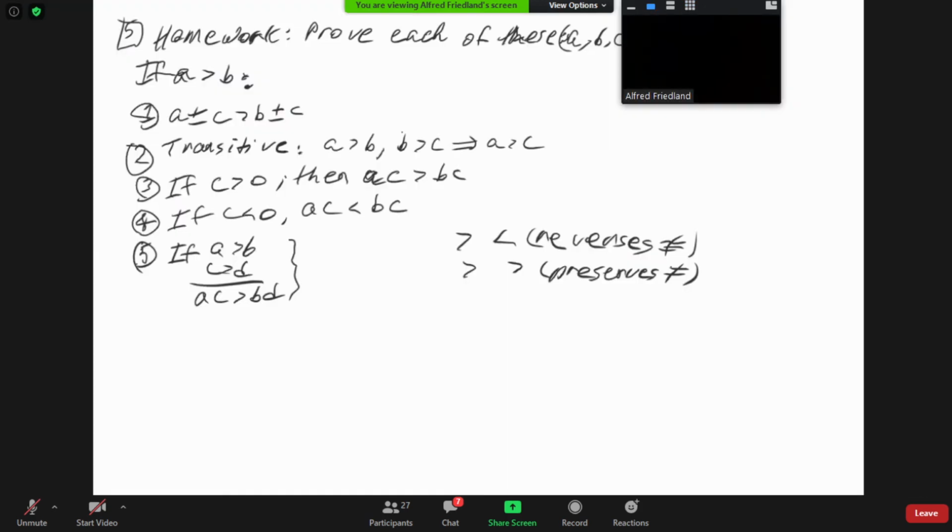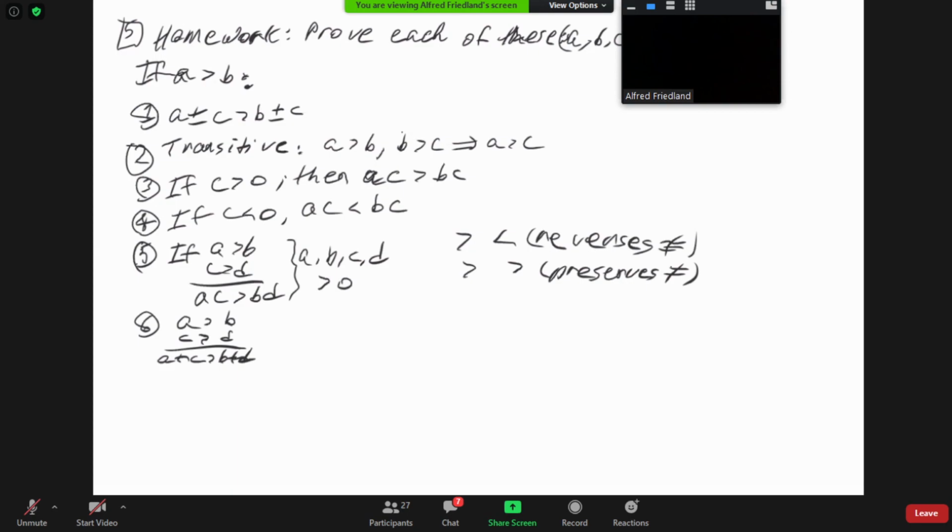For this one, we're going to require that A, B, C, and D are positive. For this one, if A is bigger than B and C is bigger than D, then A plus C is bigger than B plus D. So again, first you want to think about these. I made a list of things to prove that.